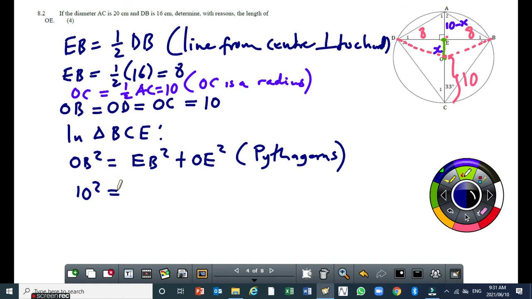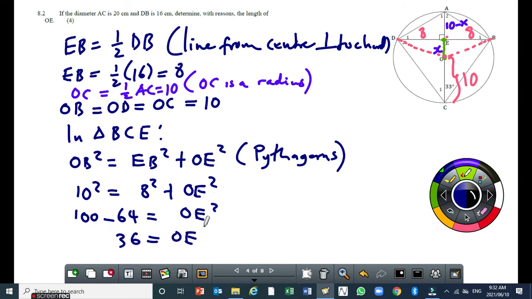My EB is 8 squared. My OE is X, but I can put it as OE squared here. Then I can just calculate it. 100 minus 64 is equal to OE squared. Then I get 36 equals OE squared. So your OE here is going to be 6 centimeters.